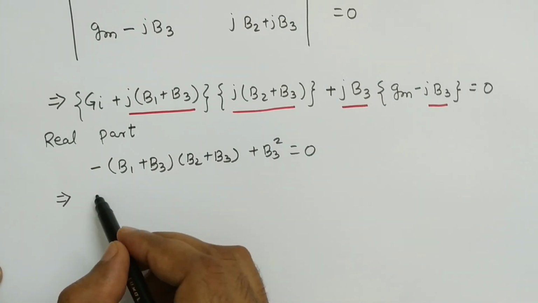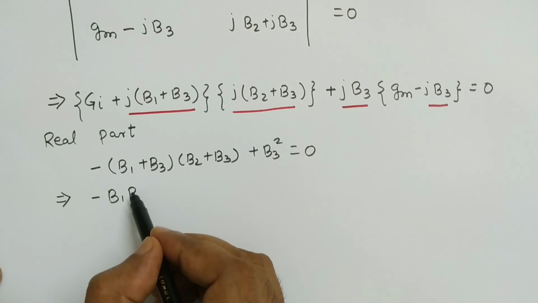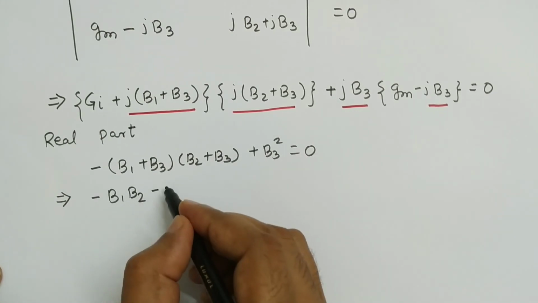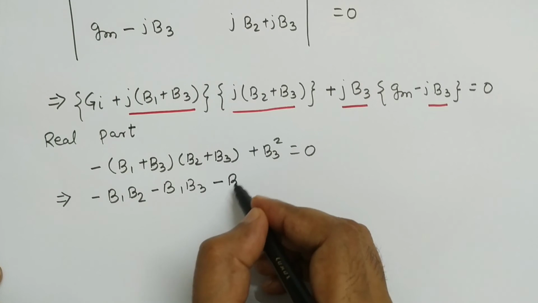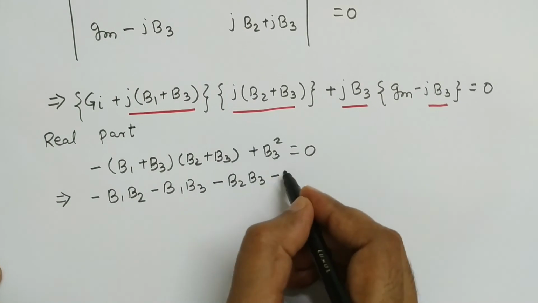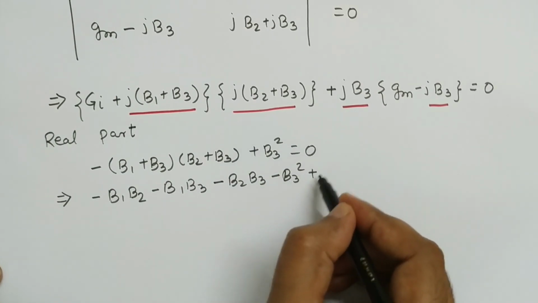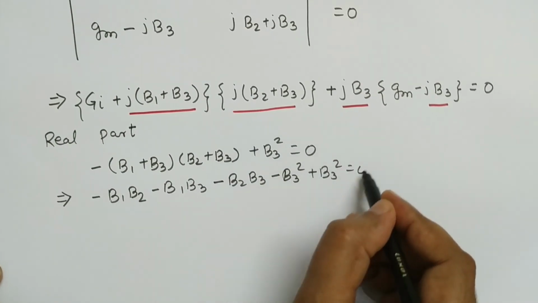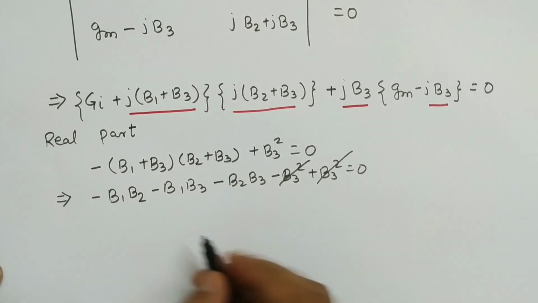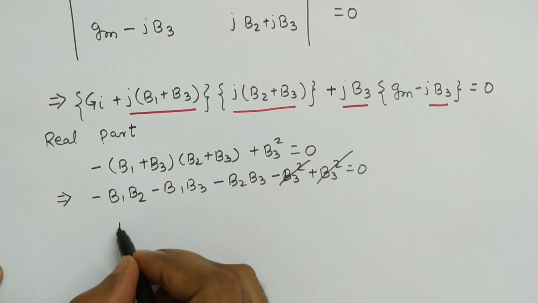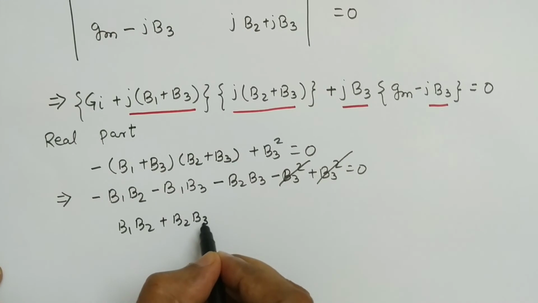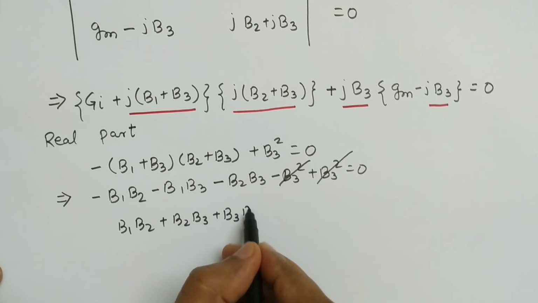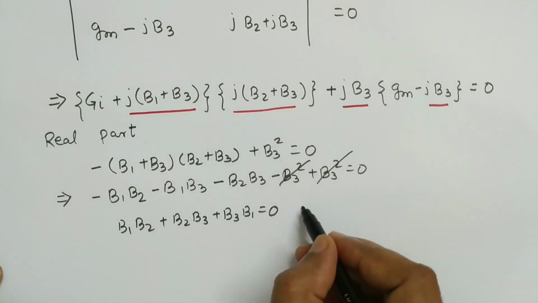It is equal to minus b1 b2 minus b1 b3 minus b2 b3 minus b3 square plus b3 square equal to 0. So this cancelled. So we can write b1 b2 plus b2 b3 plus b3 b1 equal to 0.